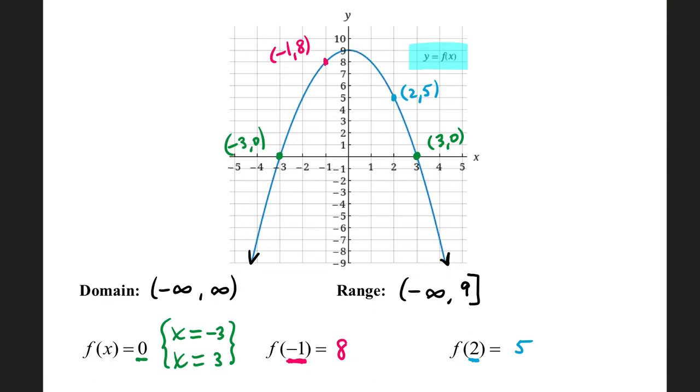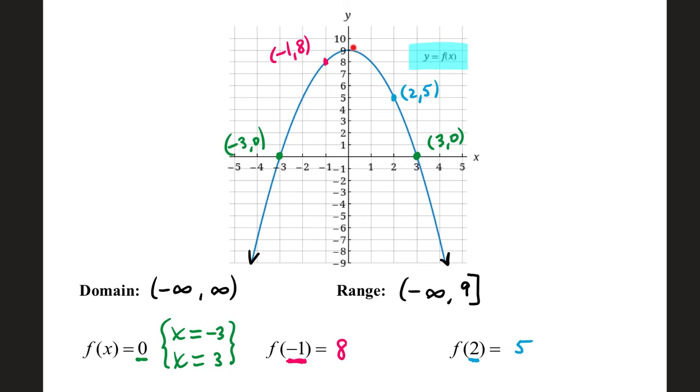There are no x's that you can't find on the graph. This one has an unrestricted domain, negative infinity to positive infinity. Since the graph does open down, y's can get really negative. There's no lower limit to how negative they'll go for this particular graph, so your range starts with negative infinity.